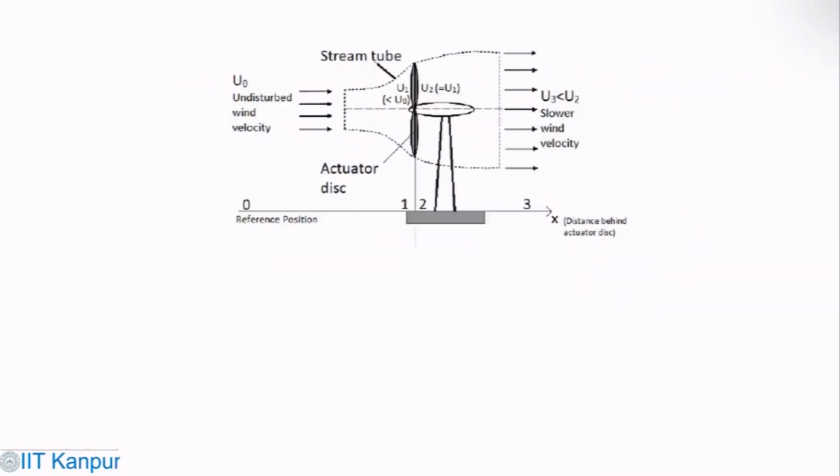Let's say the schematic. Here is the turbine, kept there, and at different locations, if we extend this and try to draw, this is going in the direction of X. If you have this velocity profile, then you have this U naught here, and it will go like this and come like that.